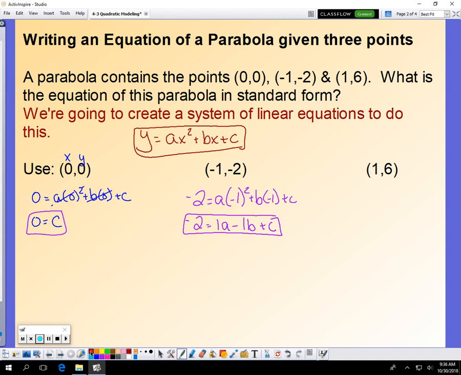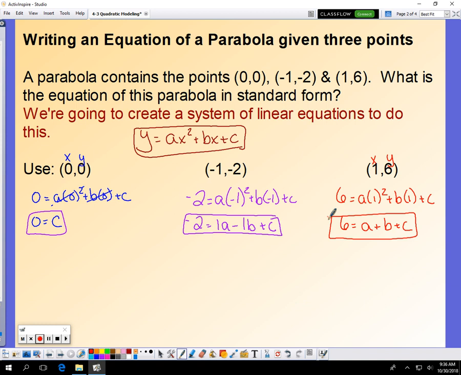And then last but not least, we take the 6, plug it in for y, plug the 1 in for x. So this is a times 1 squared plus b times 1 plus c. So we get 6 equals 1a plus 1b plus c.